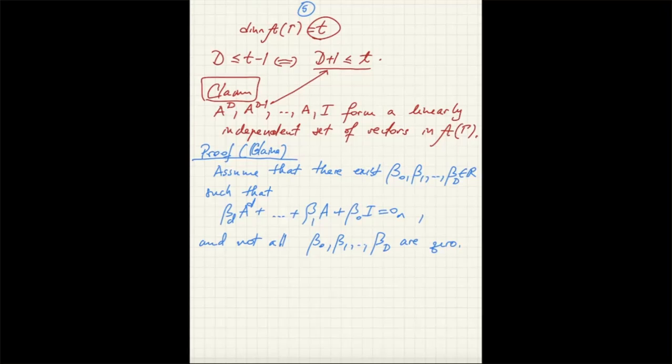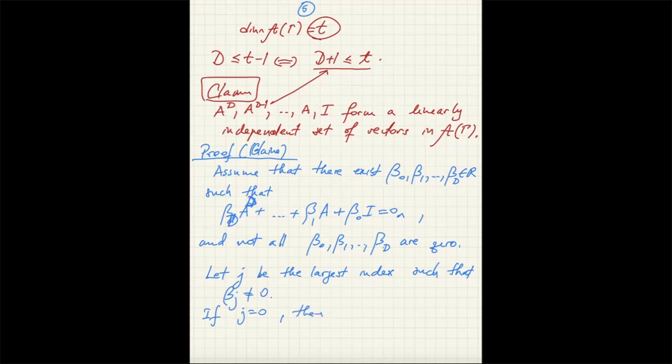Okay, now let J be the largest index such that beta J is non-zero. This J could be D, it should be capital D, I'm sorry, but it could be any number between 0 and D. Now, if J were 0, then what does it mean?